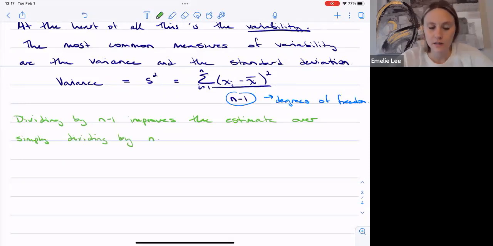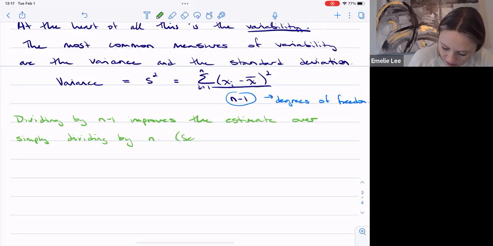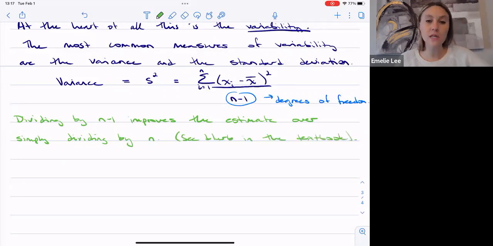See the blurb in the textbook, because they do talk about it, and it is important to have seen it, but it's not something I'm going to focus on. For us, this is the formula that we use for the variance, and that's it.